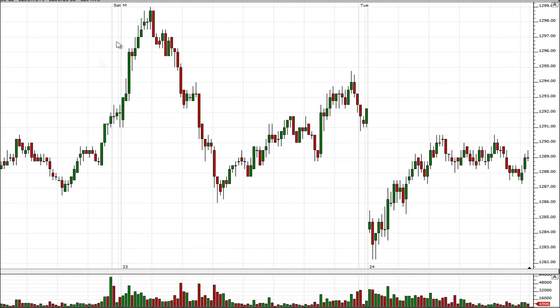In the index futures, we're talking about the E-mini S&P 500, the Nasdaq, the Dow, the Russell futures, and most likely in a lot of other markets, although I haven't seen studies done on the different types of markets, let's say gold, oil, specific stocks, or even Forex, even though that's a 24-hour market.